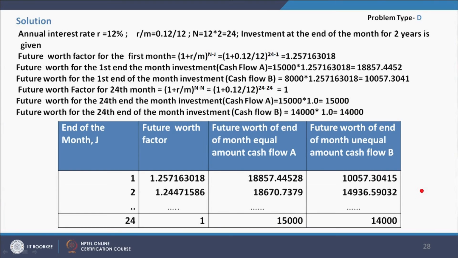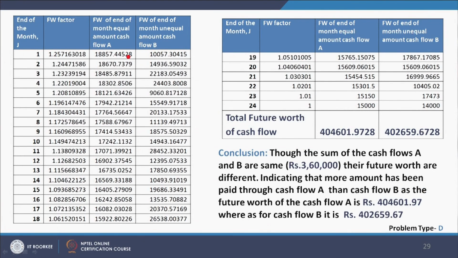Now, if we calculate like this, we can fill up this table and we find that the future worth of this is 4,04,601.9728, and this is 4,02,659.6728. So, what conclusion do we derive out of it?